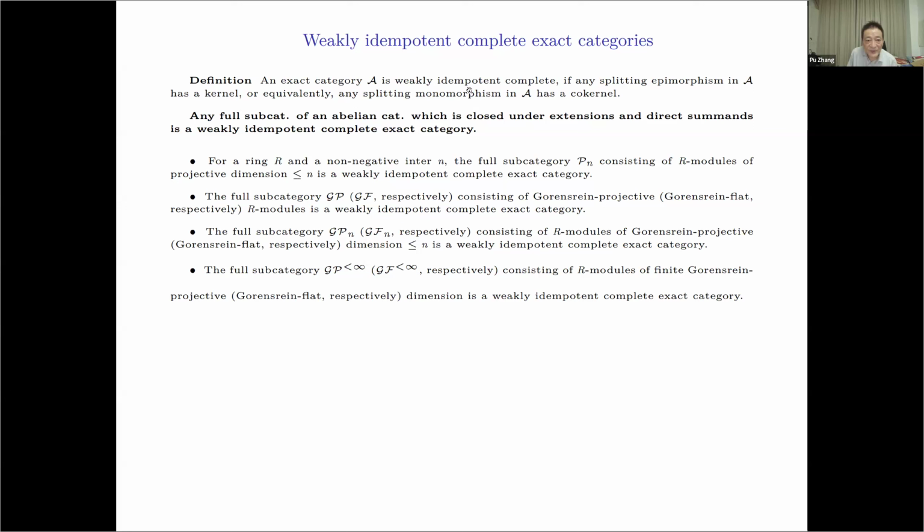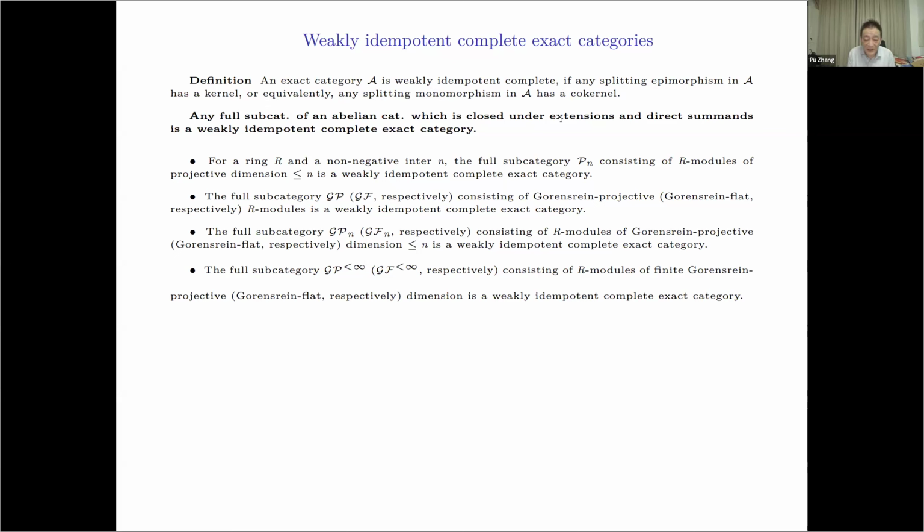This means any splitting epimorphism has a kernel, or equivalently, any splitting monomorphism in A has a cokernel.